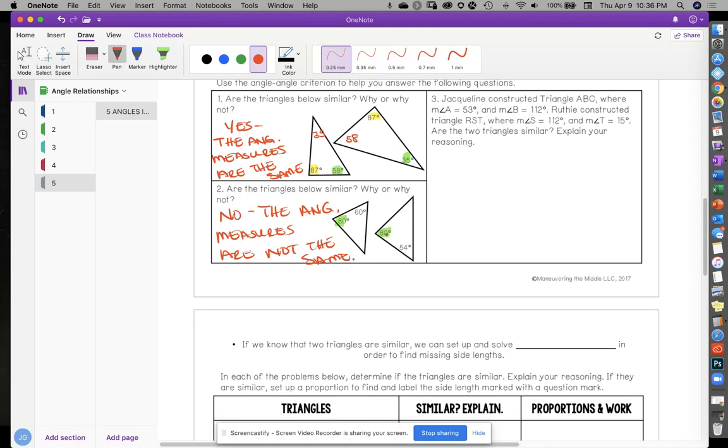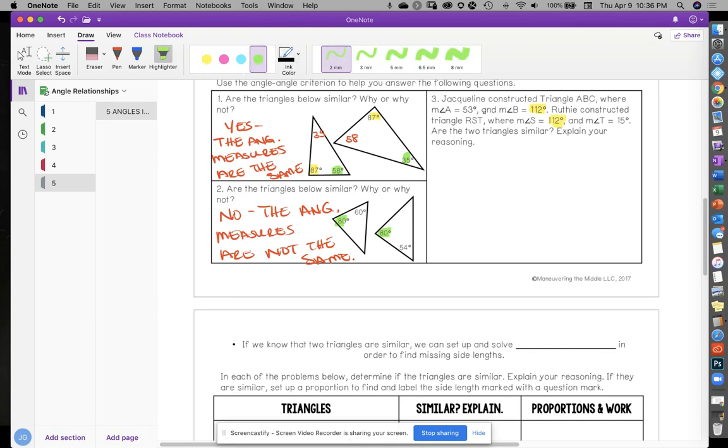Number 3, Jacqueline constructed triangle ABC, where angle measure for A is 53 and measure B is 112. Ruthie constructed triangle RST, where the measure of S is 112 and the measure of T is 15. Could these two be similar? Well, I noticed that they both have 112.